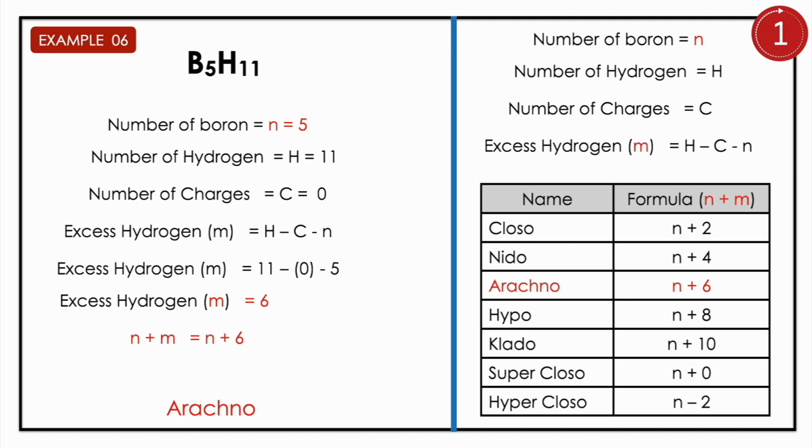Charge is 0, so C is 0. Excess of hydrogen M equals H minus C minus N. H is 11, charge is 0, N is 5. If you calculate it, you will get M equals 6. According to the table, an N plus 6 system means Arachno structure. So the compound B5H11 has Arachno structure.